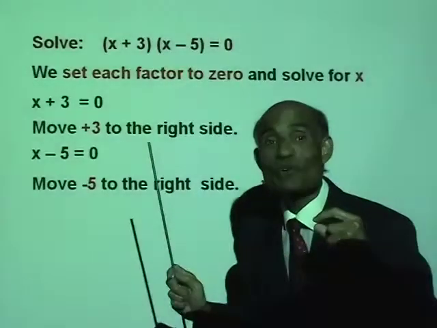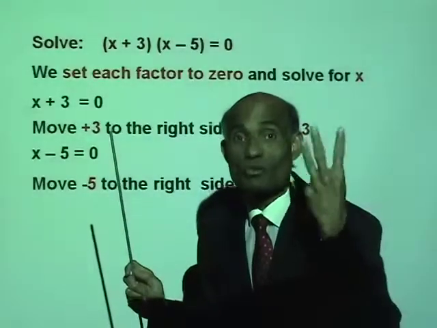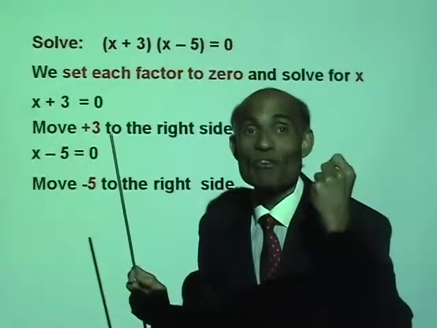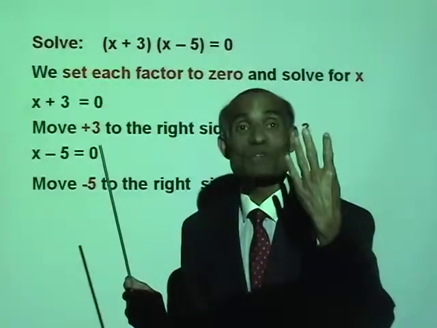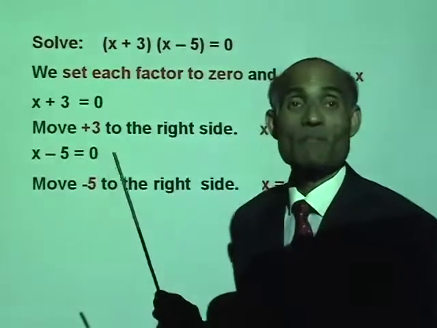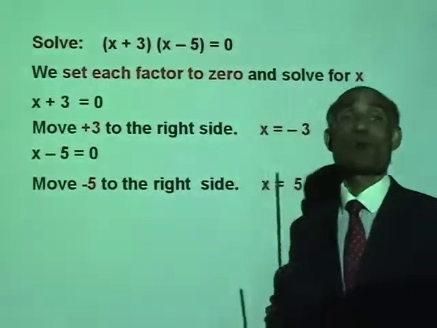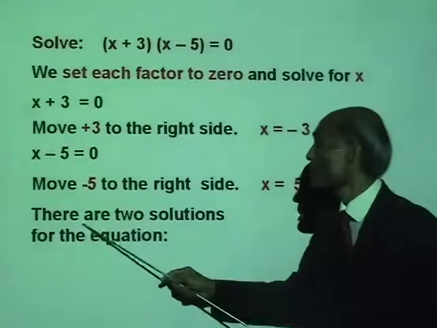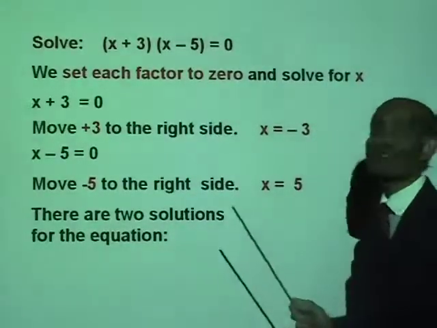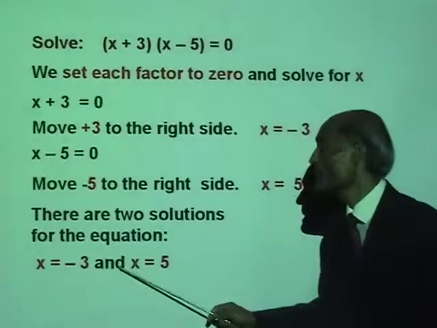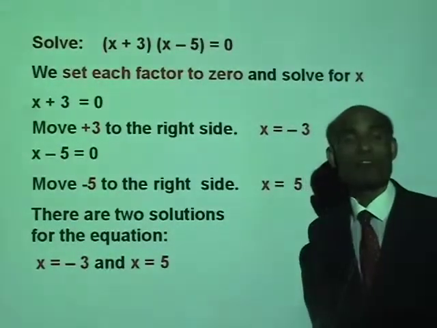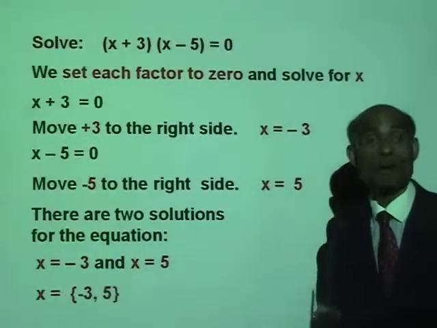A third degree equation will have three solutions. A fourth degree equation will have four solutions, and so on. We will see as we go on. So there are two solutions for this equation, x equals negative 3 and x equals 5, both solutions of the equation.